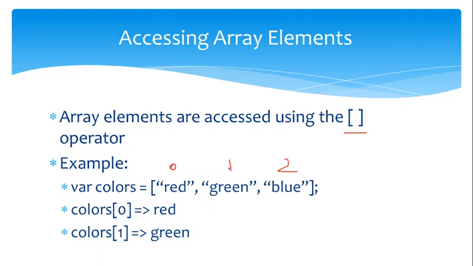Colors of 1, what is present at 1 is green. Same with colors of 2, what we have at colors of 2 is blue. So this is the way we can access the elements we have given in the array.